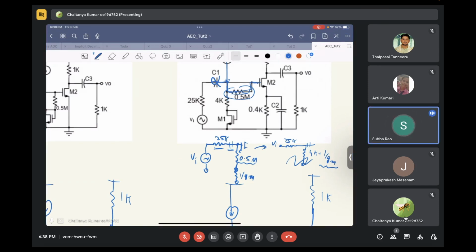If this 0.5 mega ohm is not there, then directly 1 by gm will come in parallel to the gate. Then your attenuation will be huge from input to the gate. The signal will go through 1 by gm to ground if the 0.5 mega ohm is not there. Okay. Thank you, sir.